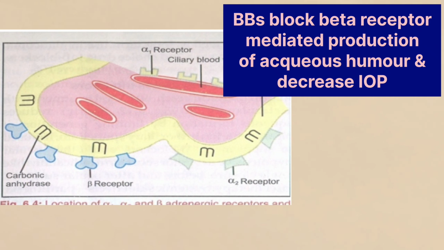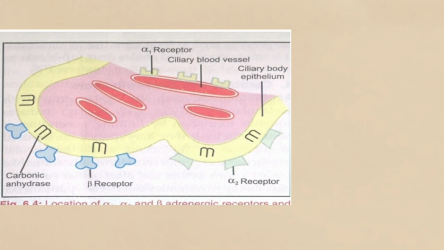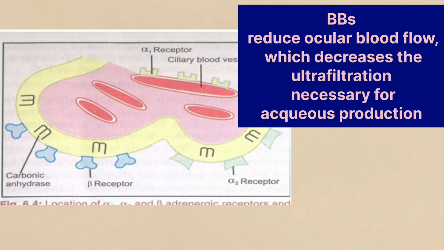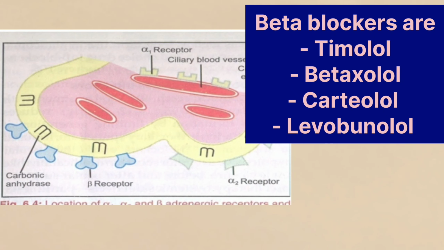So beta blockade blunts adrenergic activation of this pathway by preventing catecholamine stimulation of the beta receptors. Also, it has been reported that beta blockers decrease ocular blood flow, which decreases the ultrafiltration responsible for aqueous production. The beta blockers include timolol, betaxolol, carteolol, and levobunolol.